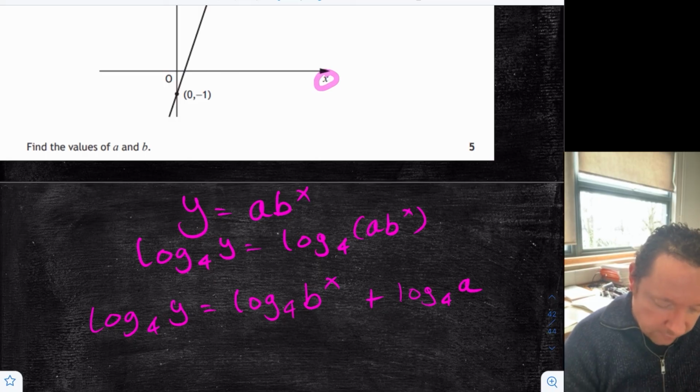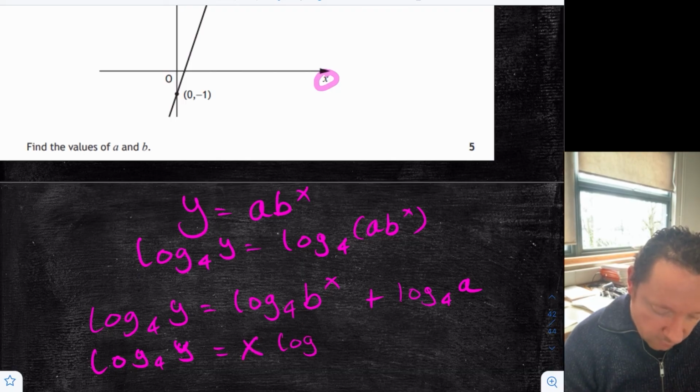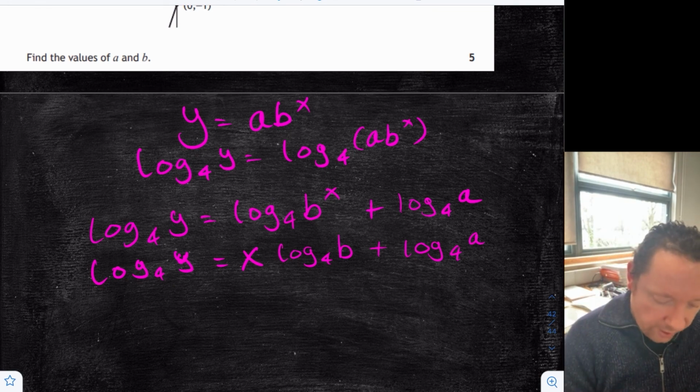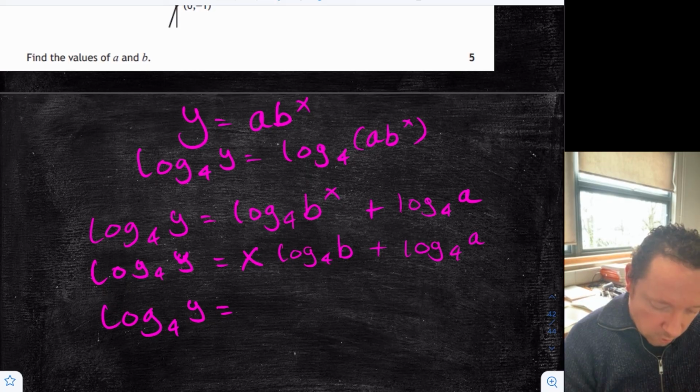Taking the x to the front, we get log base 4y. That's a y and that's a log. Equals x times log base 4b plus log base 4a. Well, y equals mx plus c is our straight line, so let's put the x on the end so you can really see it. Log base 4y equals log base 4b times x plus log base 4a.